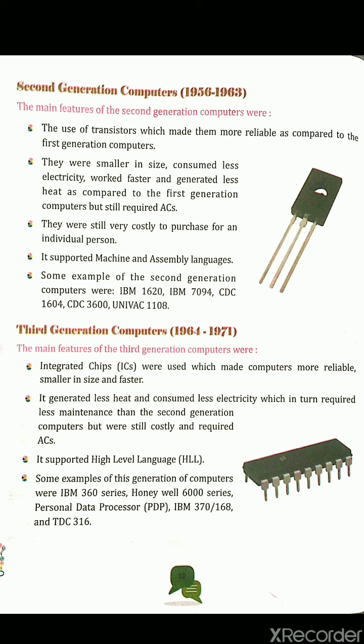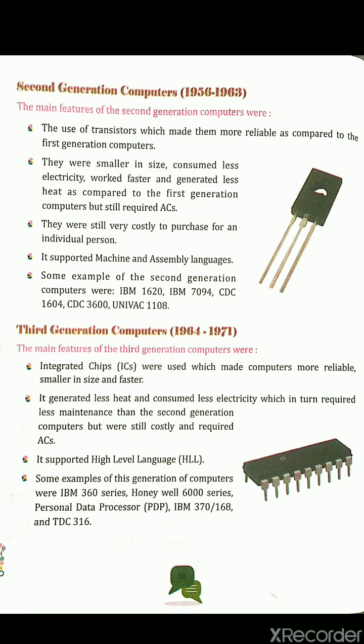Examples of third generation computers were IBM 360 series, Honeywell 6000 series, Personal Data Processor, IBM 370/168 and TDC 316. In third generation computers, the keyboard was used as input device and the video display as output device, and these devices were used for the first time in this generation.